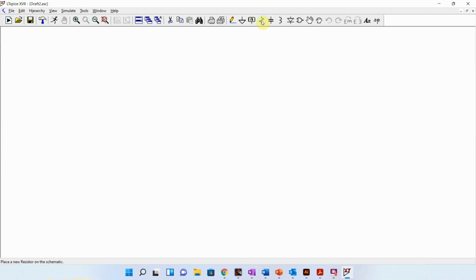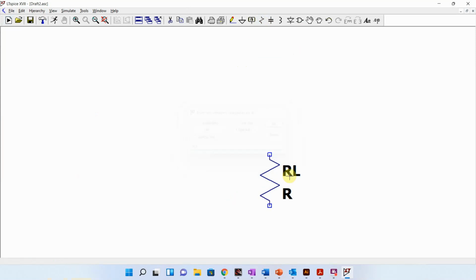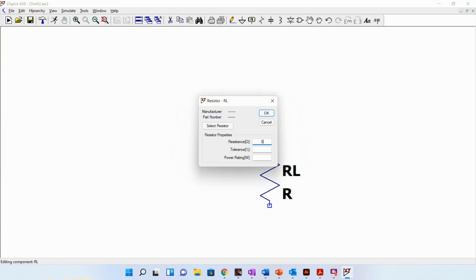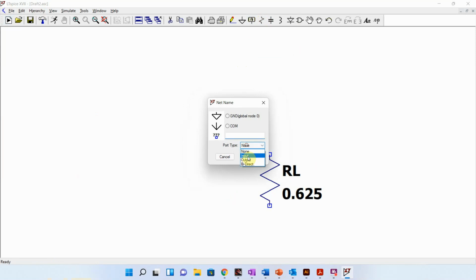We're going to start with our load resistor, and it's going to be 0.625 ohms. Let's go ahead and put an output node on there.